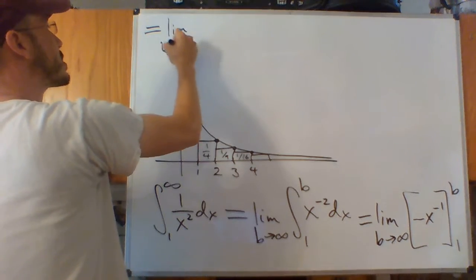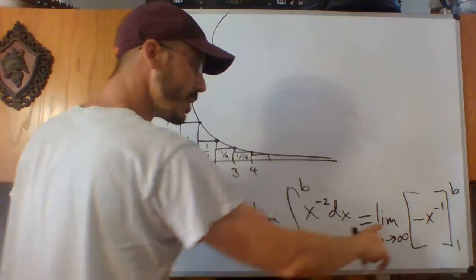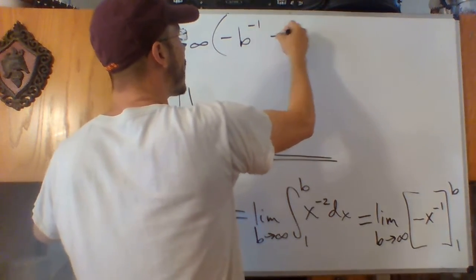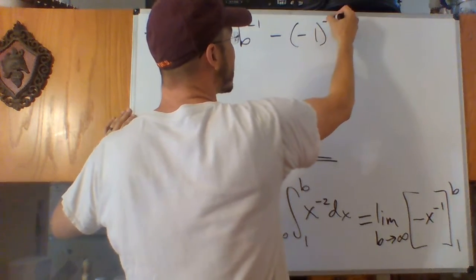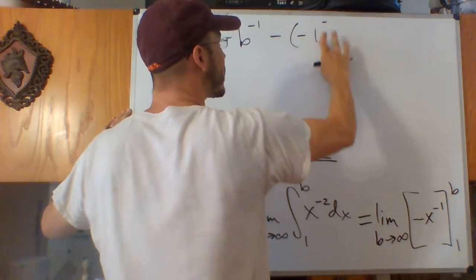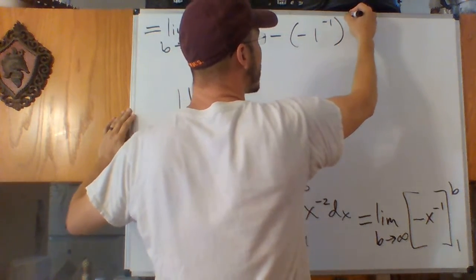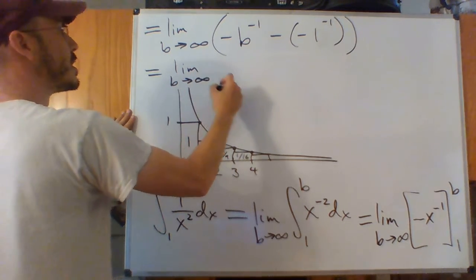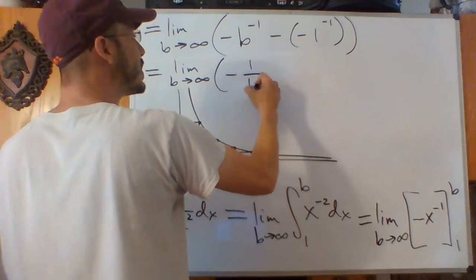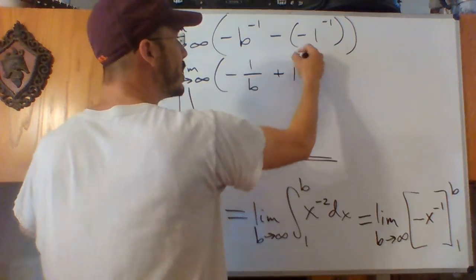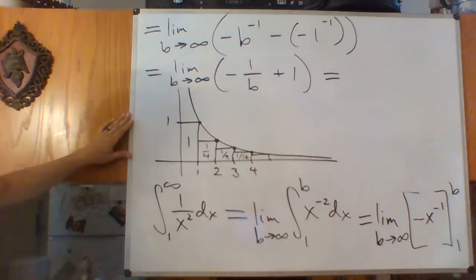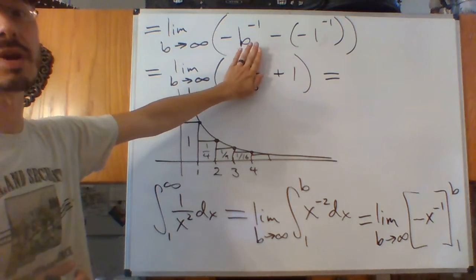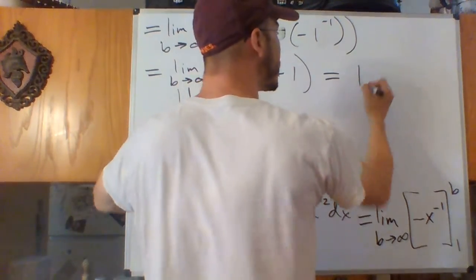It's the limit as b goes to infinity of negative b to the negative 1 minus negative 1 to the negative 1. And that's really just the limit as b goes to infinity of negative 1 over b plus 1. And that limit we can evaluate: as b goes to infinity, 1 over b goes to 0, and all that's left is this 1.